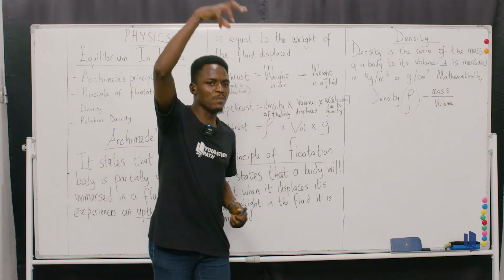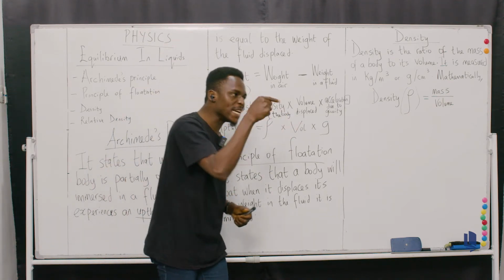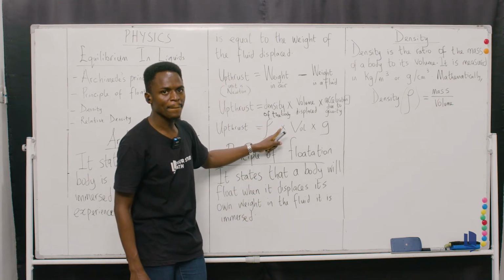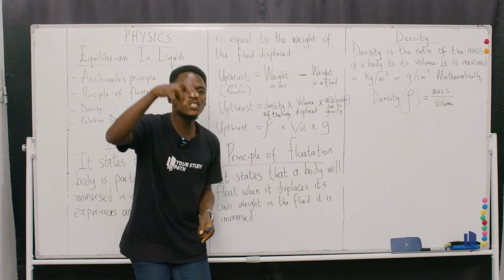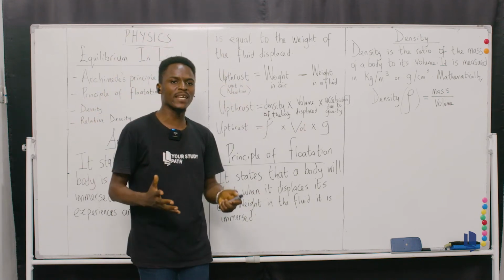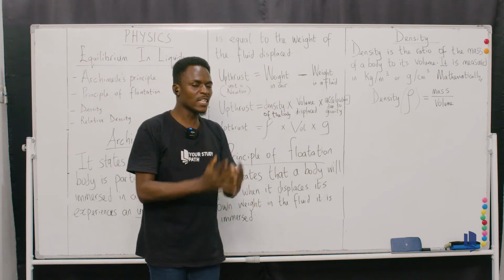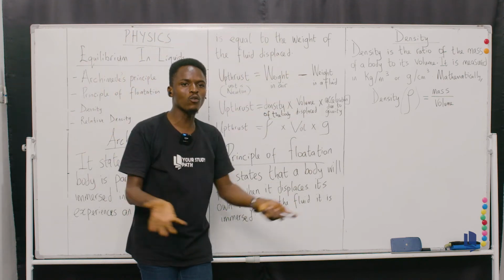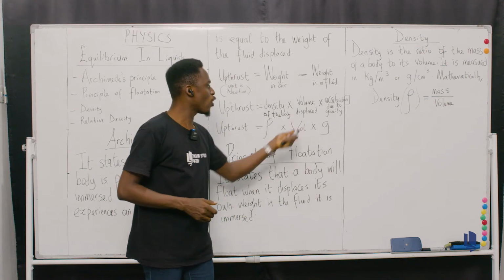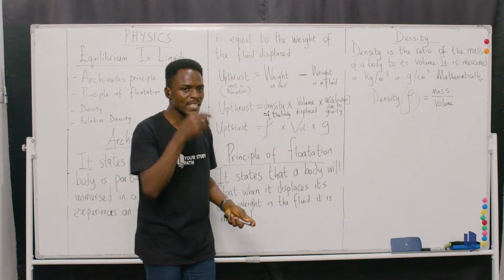A stone is immersed in water. It is the density of the stone we are using, not the density of the water. Now, the stone is completely immersed. That means the volume that is displaced is the whole volume of the stone being displaced in the water.